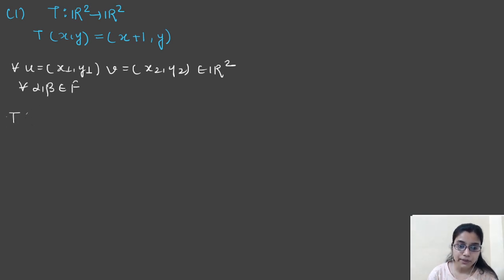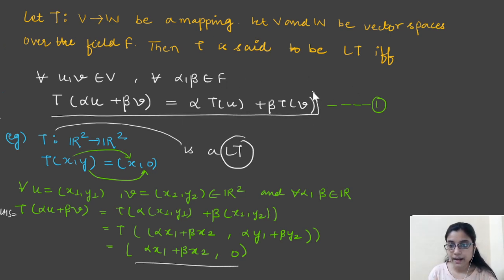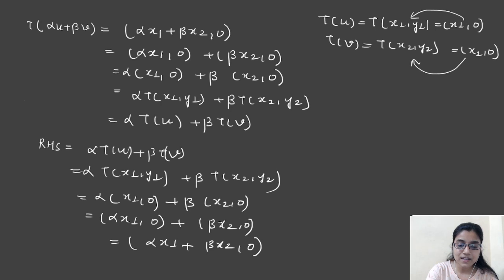And one more important thing I would like to mention here. Just now I have told you that this property should hold. This, where I have marked it as 1, should hold. In most of the books you can see one more thing.